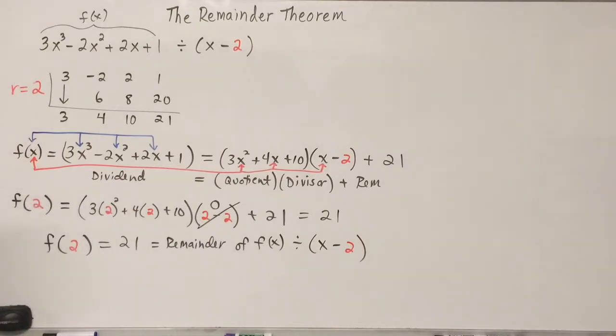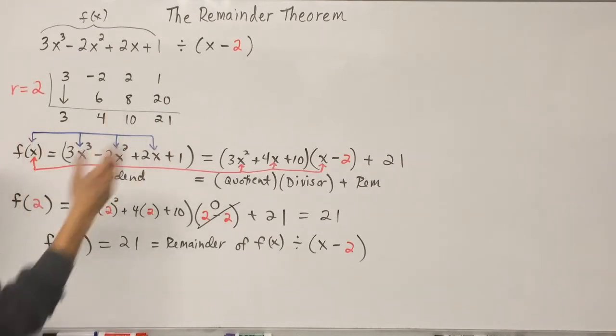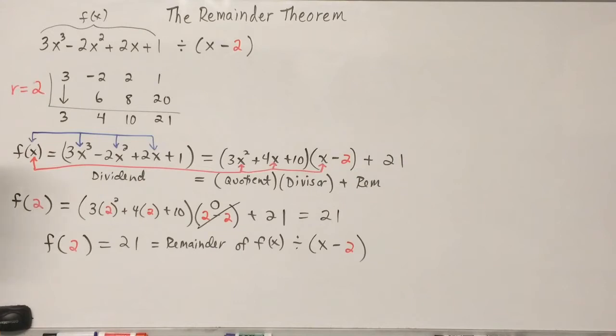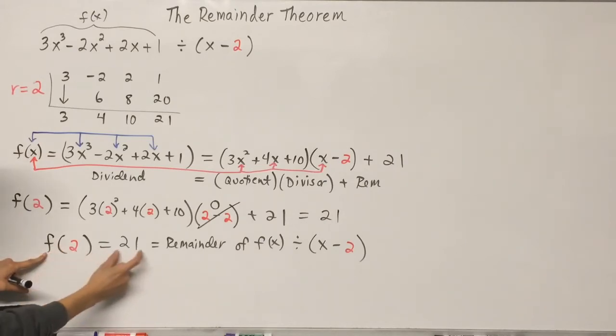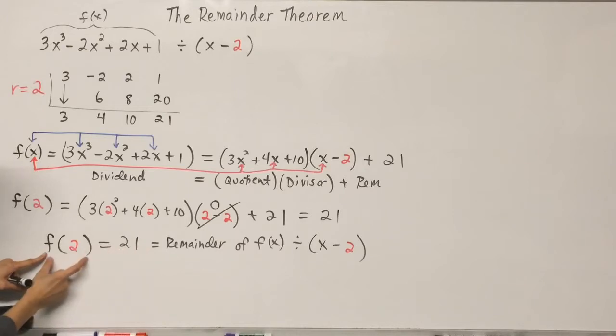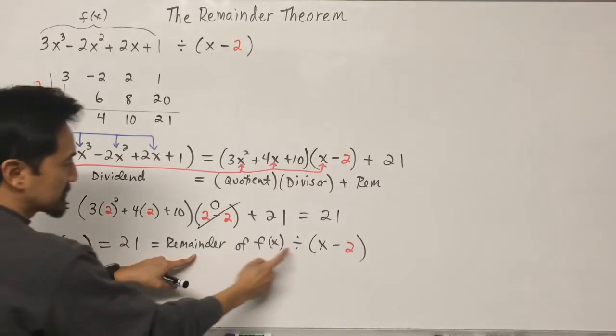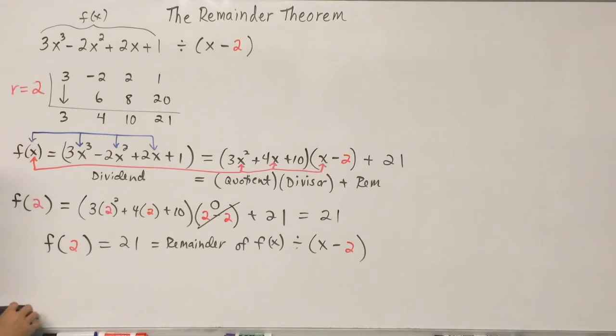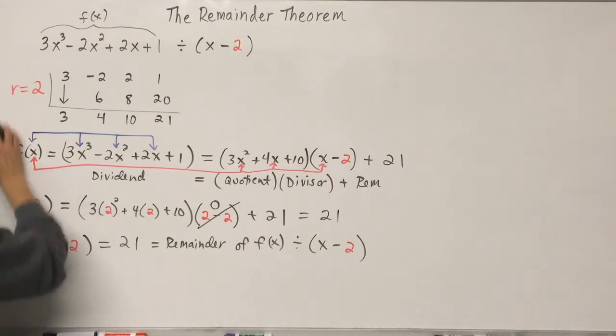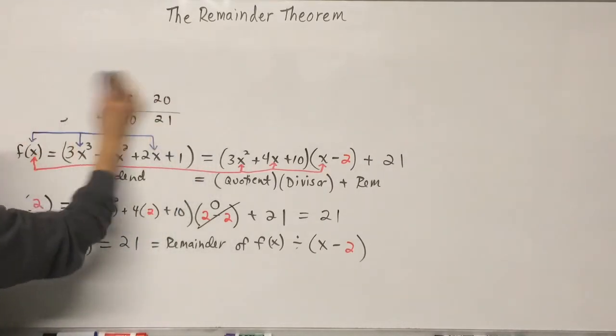Okay? And that is what the remainder theorem tells us. The remainder theorem, and I'm going to write it for us in a moment, it simply says that we're going to be able to find function values for our polynomial, or in other words, we're going to be able to find range values, outputs, for our polynomial by performing synthetic division. Okay? So let's go ahead now and formally write the remainder theorem.